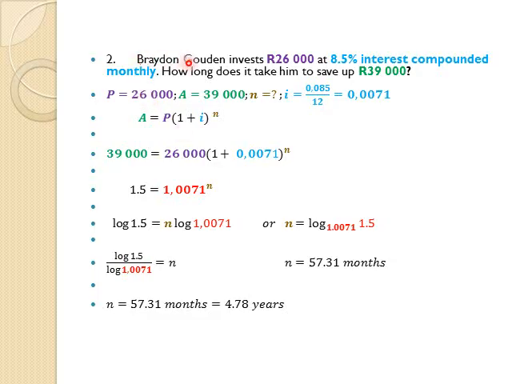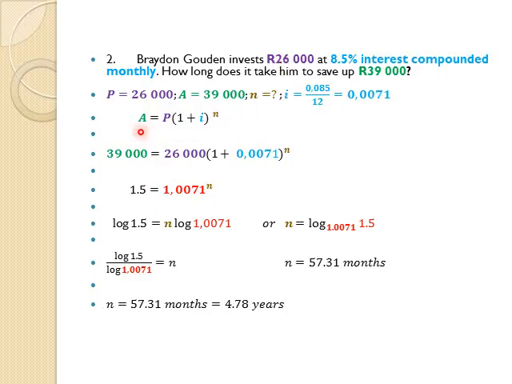Alright, Braden Gowden invests 26,000 Rand at 8.5% interest compounded monthly. How long does it take him to save up to 39,000? So P is 26,000, A is 39,000, n is what I'm looking for. Interest 0.085 compounded monthly, therefore divided by 12, 0.0071.